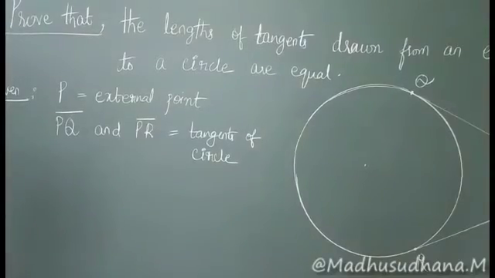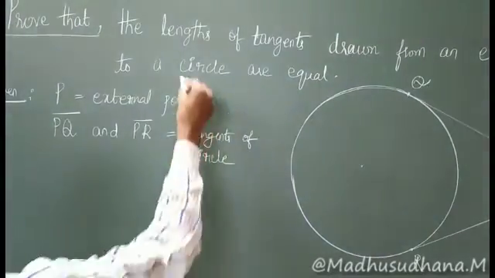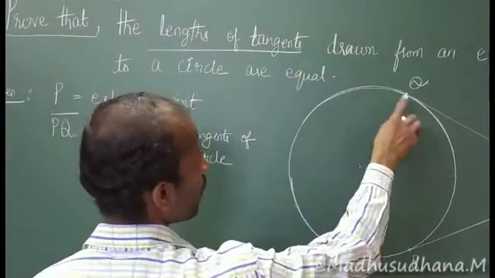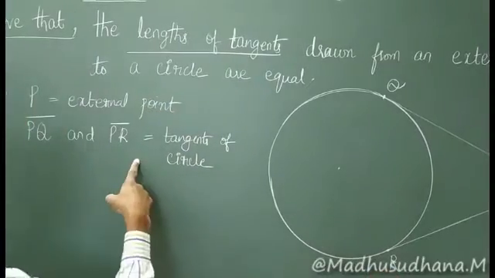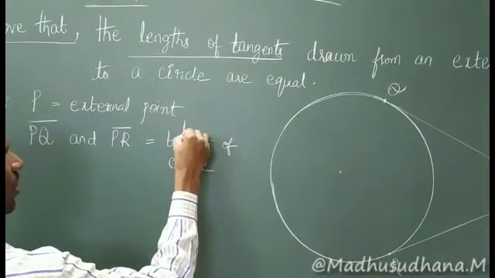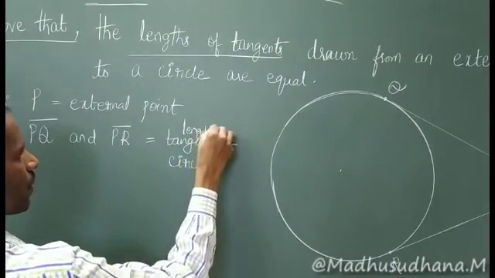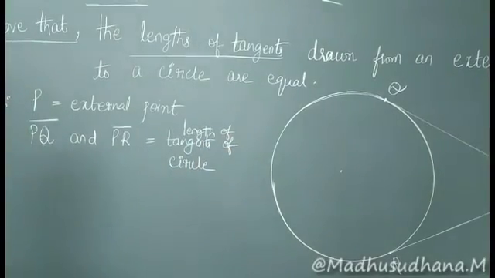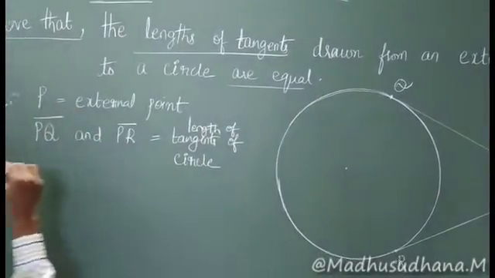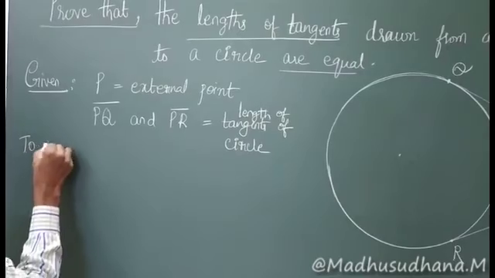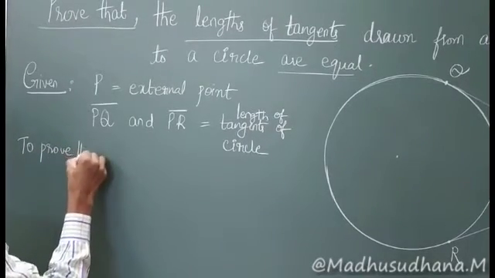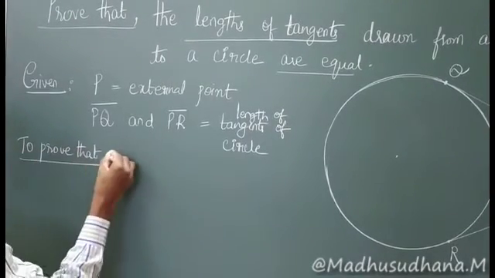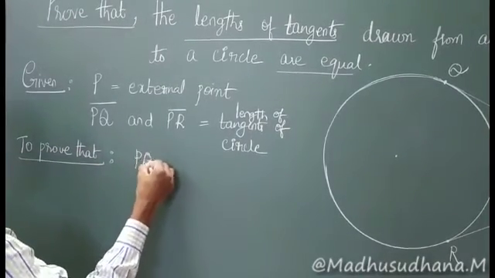We know that Q and R are the points of contact. What we need to prove here is that the length of the tangents drawn, PQ and PR, the length of the tangents of the circle, are equal.